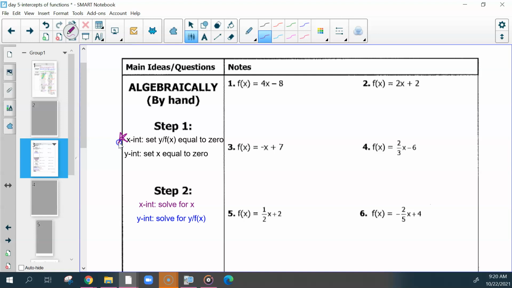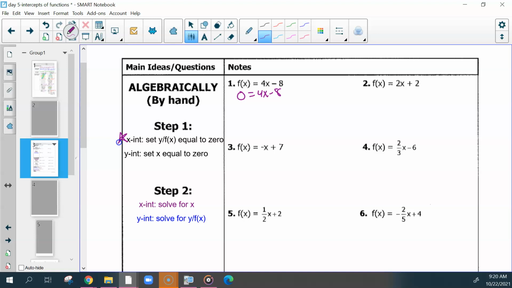So I would replace this completely with 0, and I would solve this for x. So f of x is just 0. Your y value is 0 anytime you have an x-intercept. So we would solve this like we would any other problem.